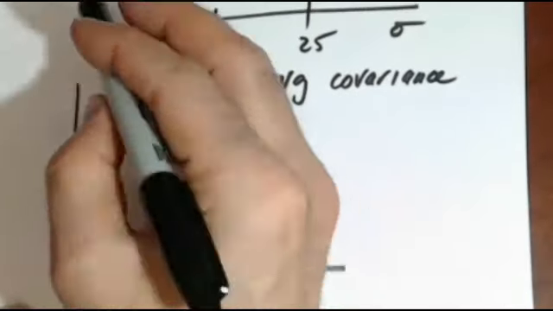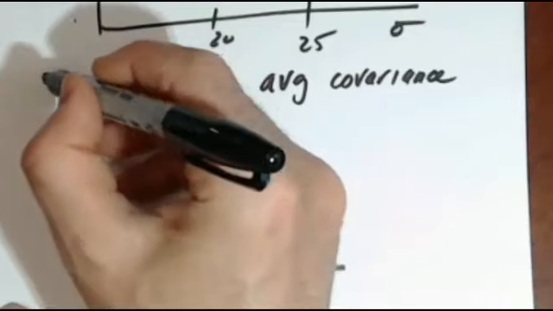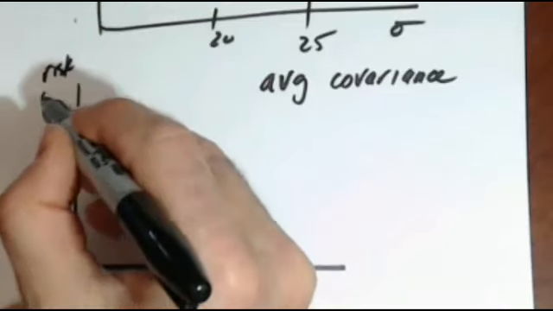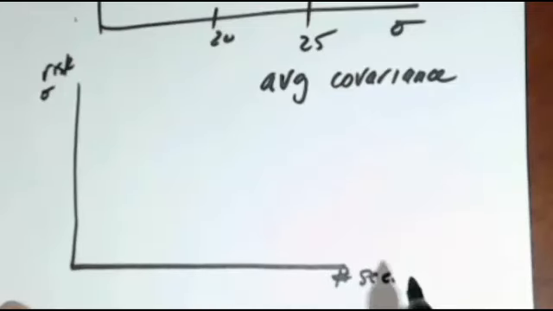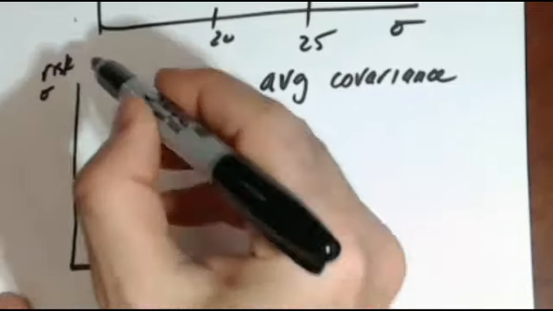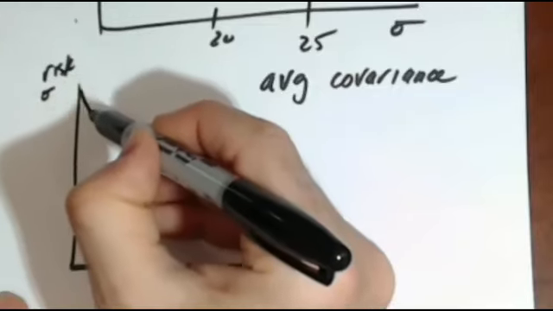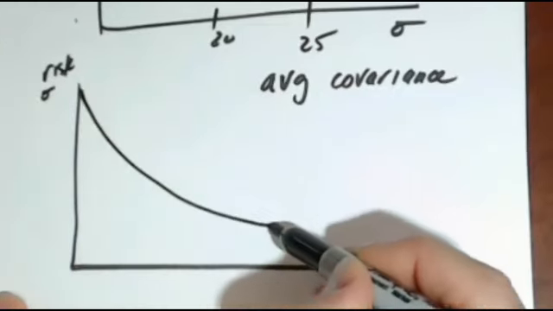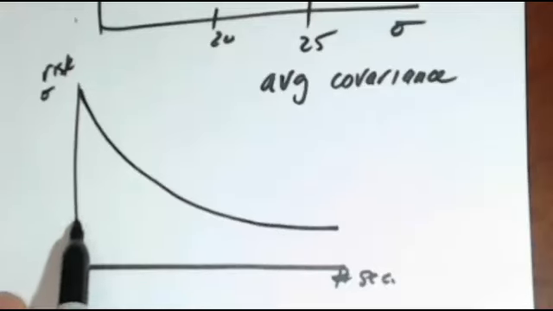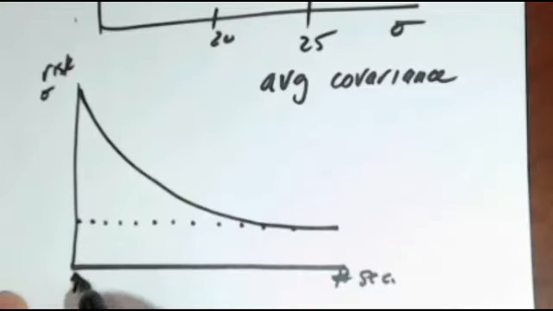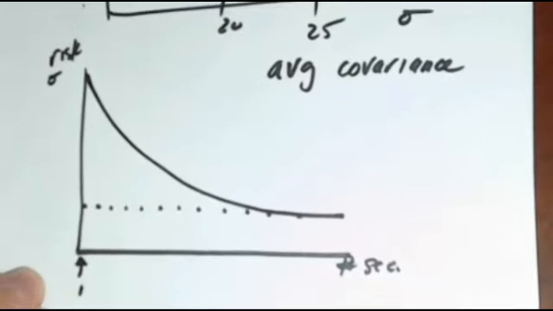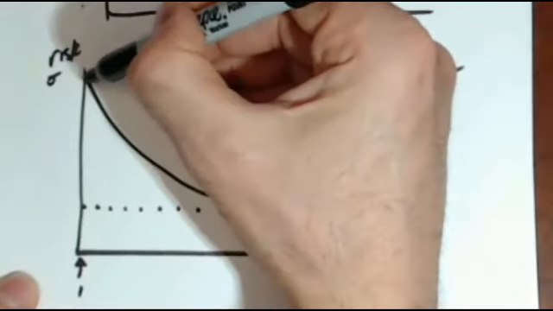What I'm going to do here is show you what we have. Risk here you can think of as measured by sigma, and here we have the number of securities, the number of stocks. When we form portfolios, we get rid of a lot of risk, but we don't get rid of it all. If you have a portfolio of one stock, you have a lot of total risk.